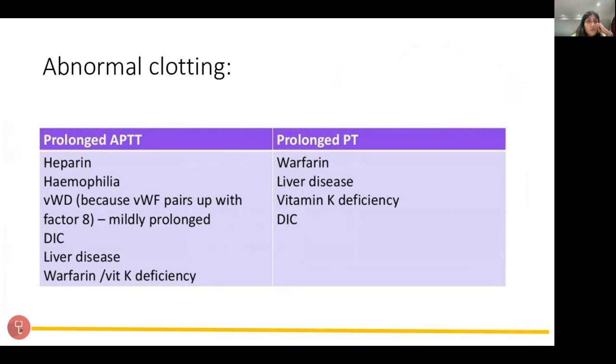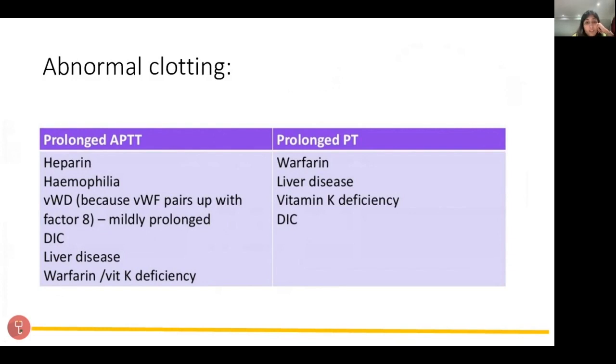And if you really look into all of these different diseases, so with things like haemophilia A, haemophilia B, etc., you'll realize that basically one of the factors in the intrinsic pathway will be going wrong and therefore causing a prolonged APTT.